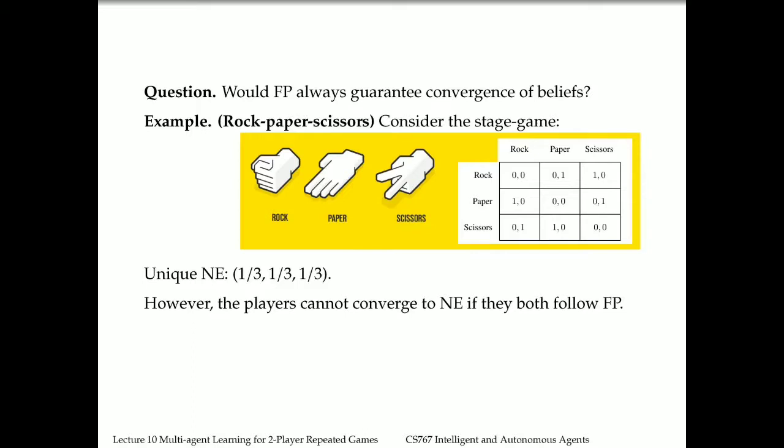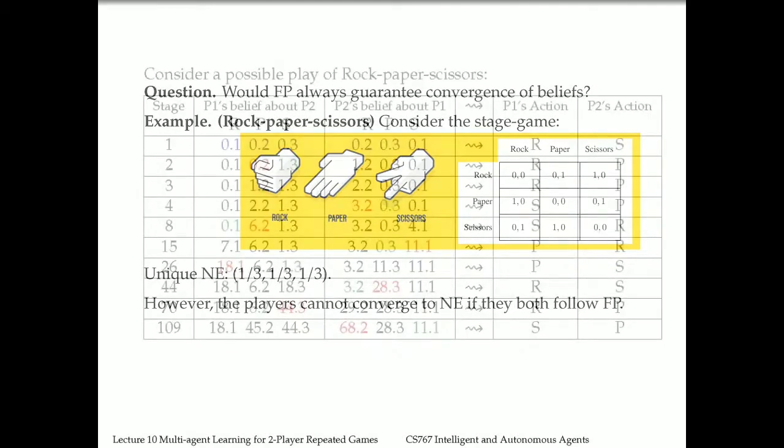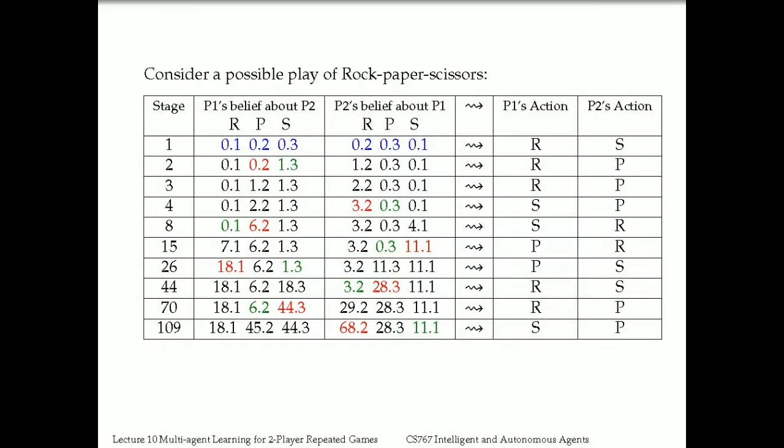However, if you apply fictitious self-play to this game, so if you start with some initial beliefs, and you assume that both players will follow fictitious self-play, so hopefully they will learn through the interaction and through observing the opponent's strategies, the game actually does not converge, right?